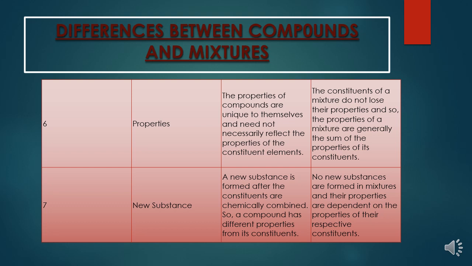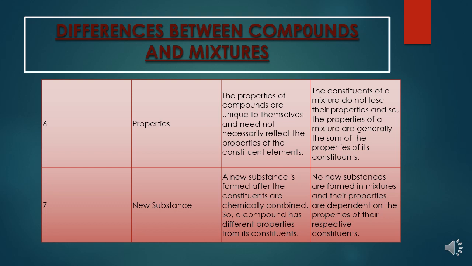Their separate properties will not be shown or will not be dominant. Whereas in a mixture, each separate substance has its own property and it will exist in that way, which means no new property will be formed.